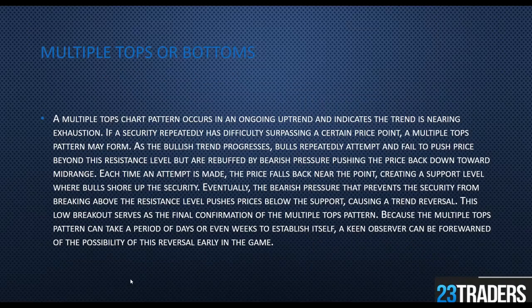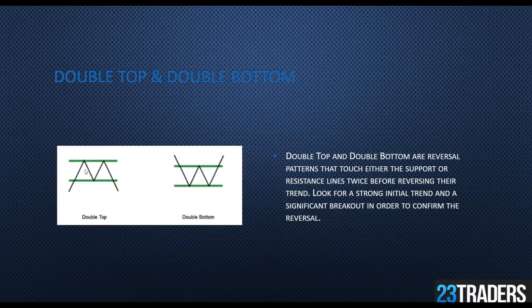We also have a multiple tops chart pattern, which occurs in an ongoing uptrend and indicates that the trend is nearing exhaustion. If the security repeatedly has difficulty surpassing a certain price point, a multiple top pattern will exist, as the bullish trend progresses. Here we have what's a double top.